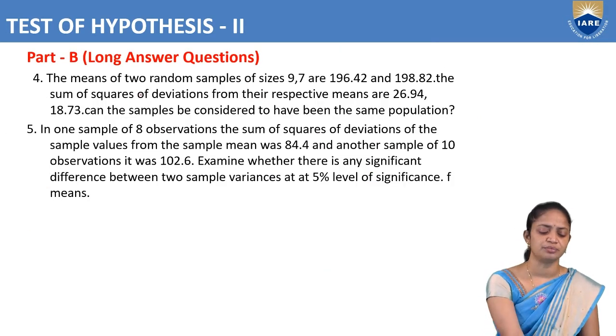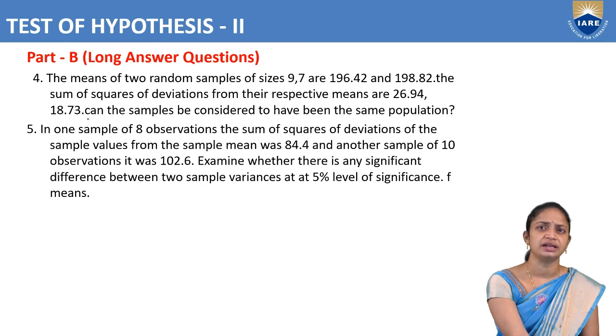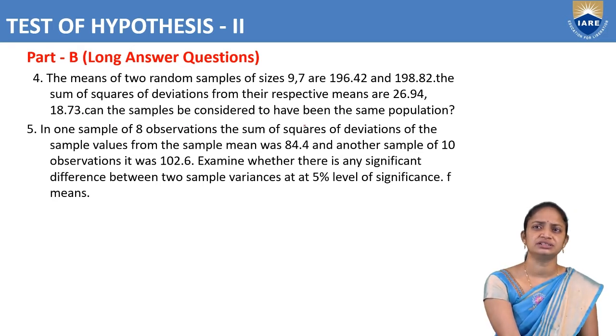So next question. The means of two random samples of sizes 9 and 7 are 196.42 and 198.82. The sums of squares of deviations from their respective means are 26.94 and 18.73. Can the samples be considered to have been drawn from the same population?